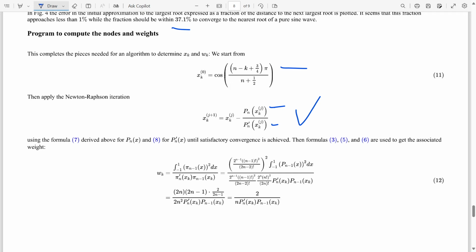Then we can apply our formula for the weights, and of course we must express the monic polynomials in terms of Legendre polynomials, and then we can use the normalization integral of the Legendre polynomial P_{n-1}(x) and simplify to this. All right.